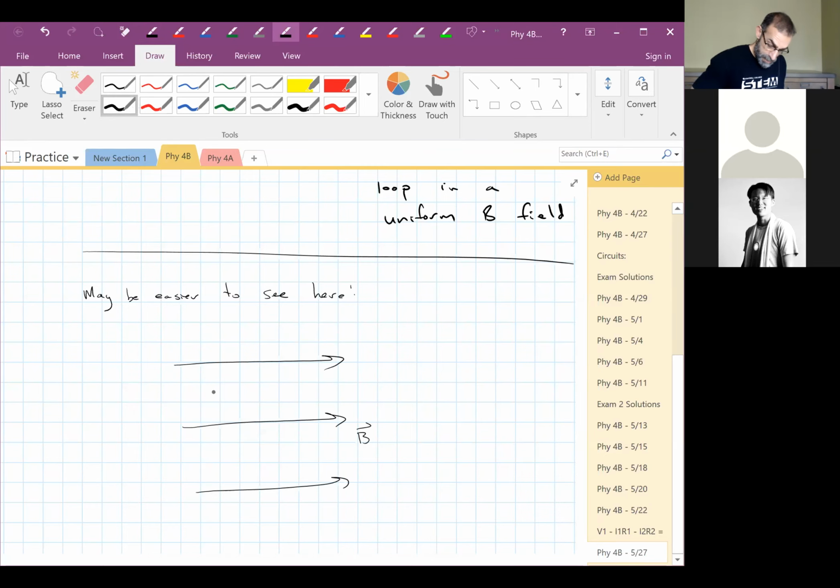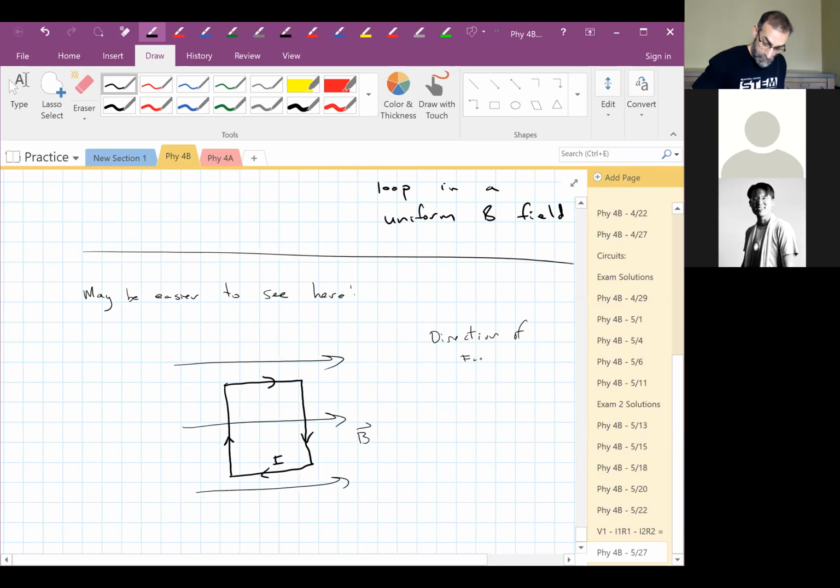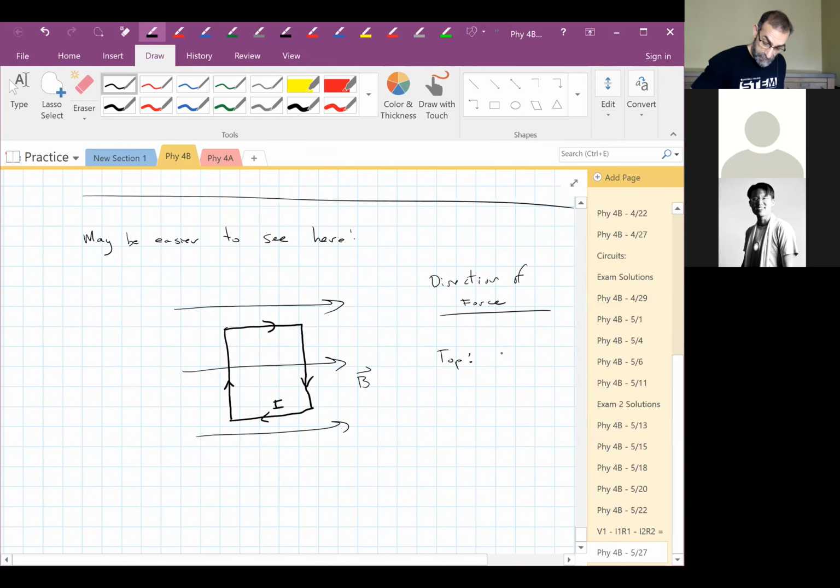Our current carrying loop. What direction is the force on the top? There is no force, right? On the right side.